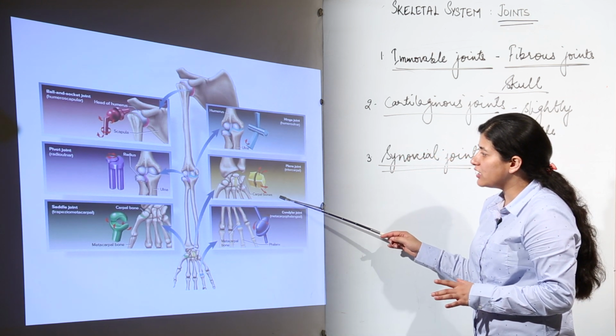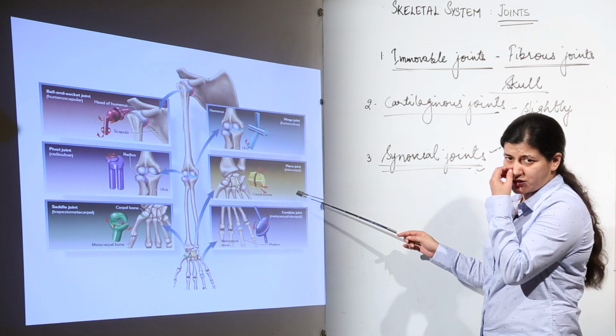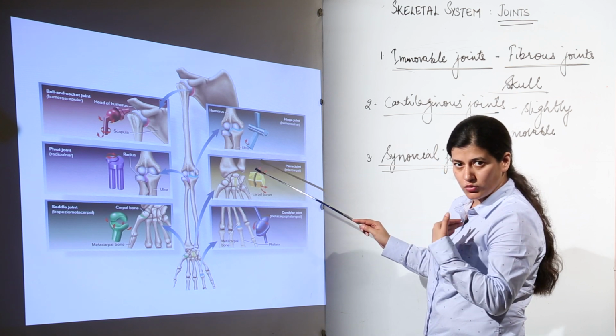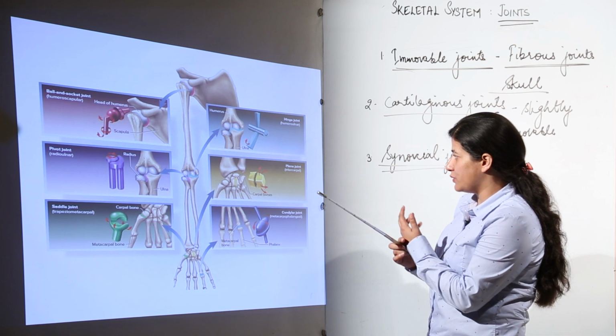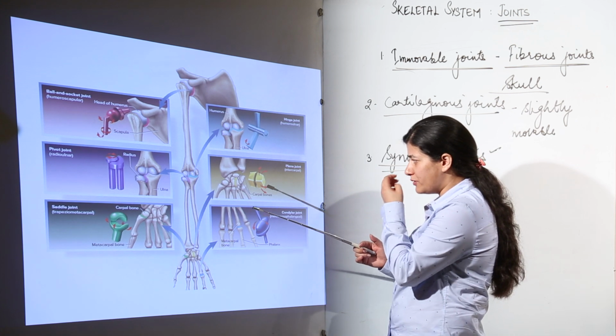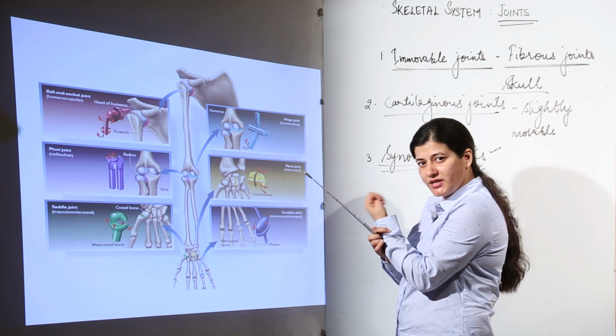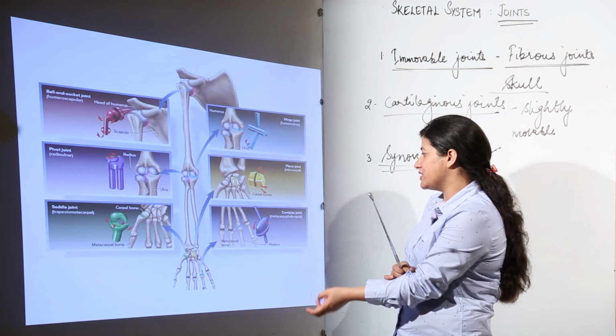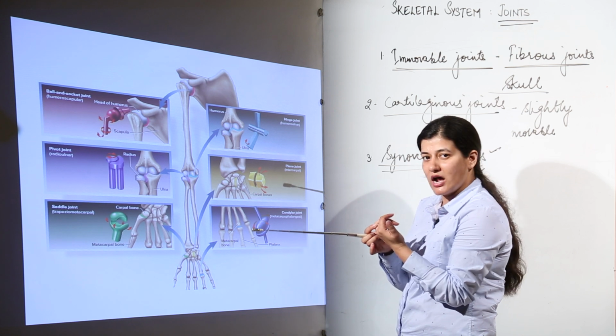Then we have a plane joint. You can just skip what plane joint is, but you can see over here that it is between the carpal bones. Now, what are the carpal bones? These ones. We just simply say that we don't get into detail of carpal bones. There is a plane joint present. Now, the last one is the condylar joint, present between our phalanges.